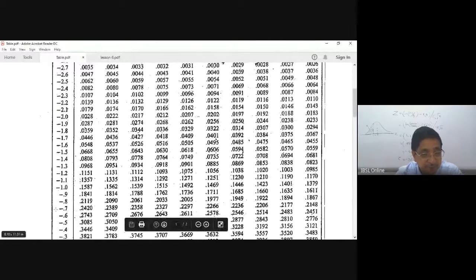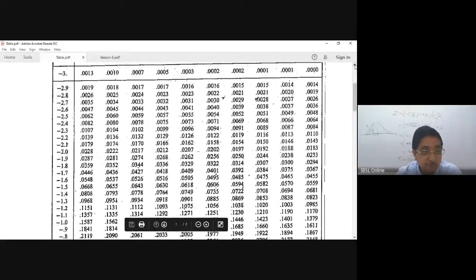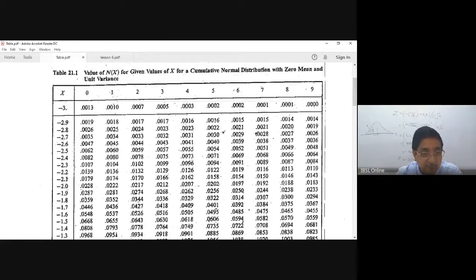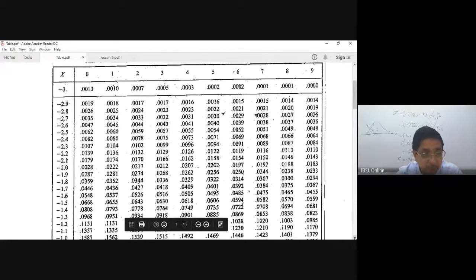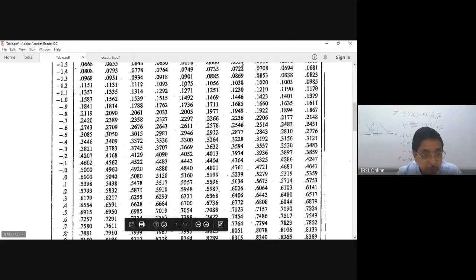You can see minus 0.7 here, and when it is 1, that is 0.71, it is under here. So the required value would be this one. Sorry, this one.